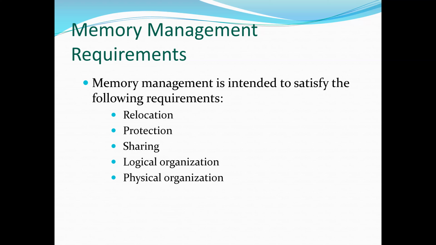But in a multi-programming system, we can have more than one program executing at the same time. So we must make sure that the main memory is subdivided among all the possible processes in execution.